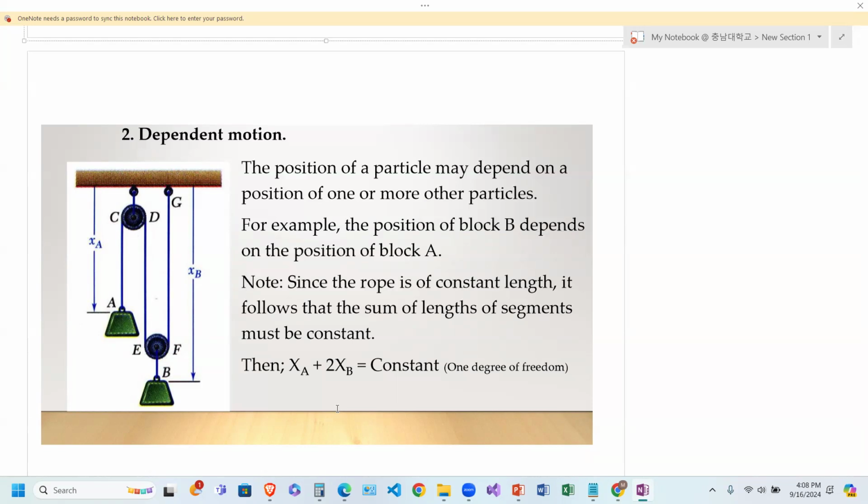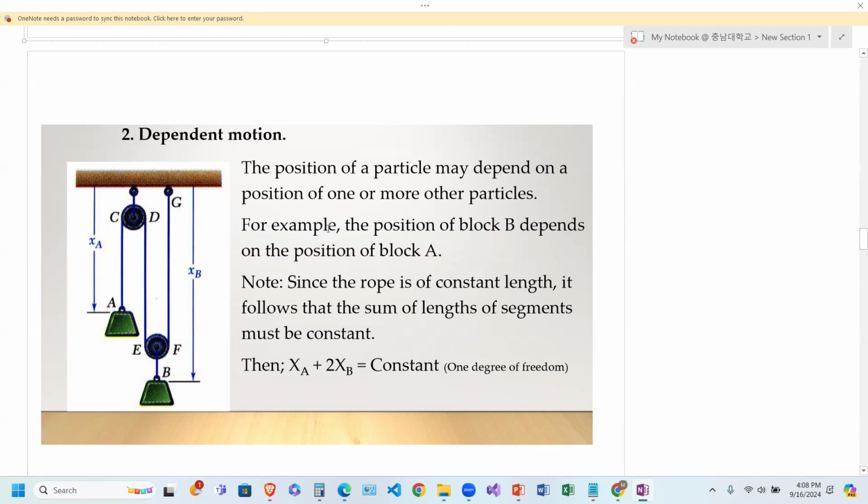For example, you look at a crane. When a crane is pulling a car, a dead car, you realize that the motion of the dead car is dependent on the motion of the crane. So now let's look at dependent motion for pulleys. The position of a particle may depend on the position of one or other particles.